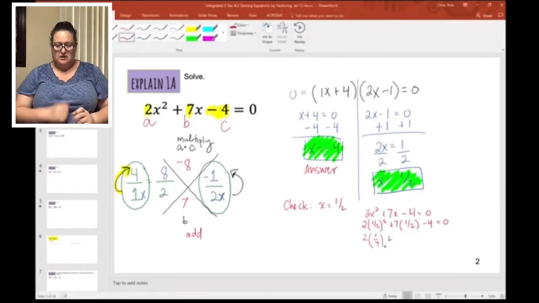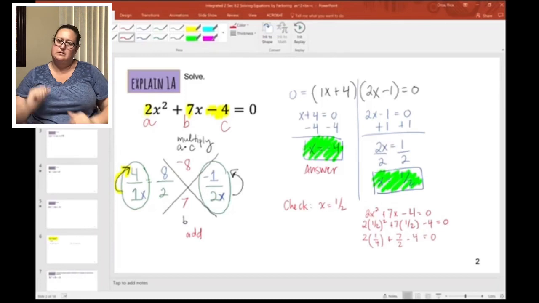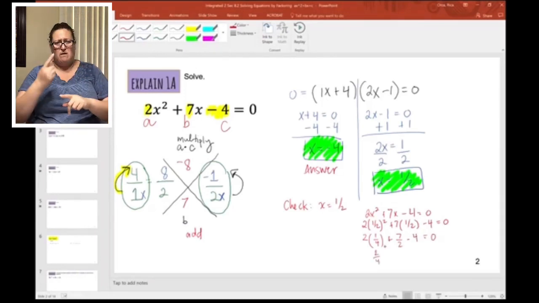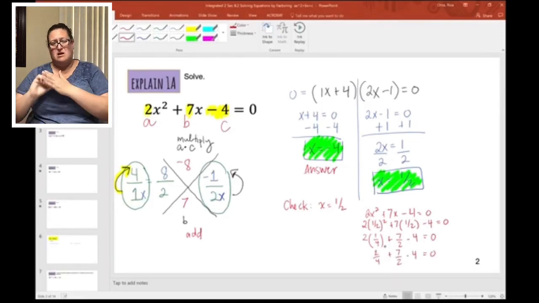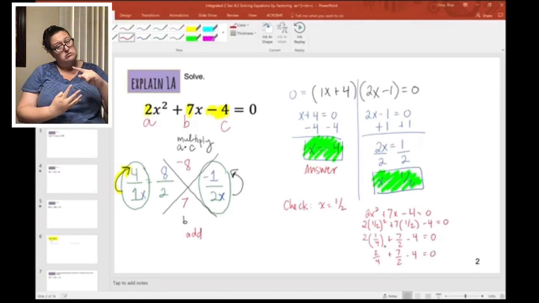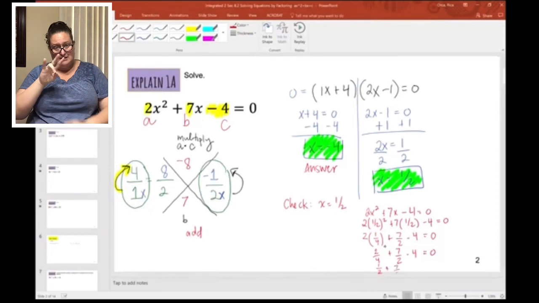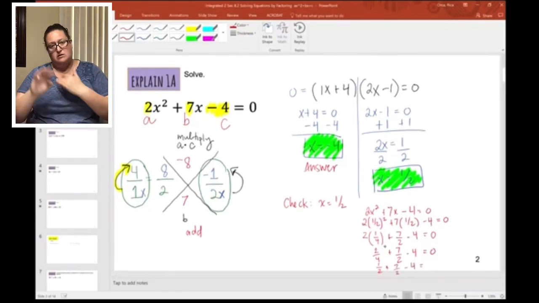Plus 7 times 1/2, that's 7/2, minus 4 equals 0. So 2 times 1/4 is 2/4 plus 7/2 minus 4 equals 0. Class, 2/4, if you reduce it, is going to be 1/2 plus 7/2 minus 4 equals 0.